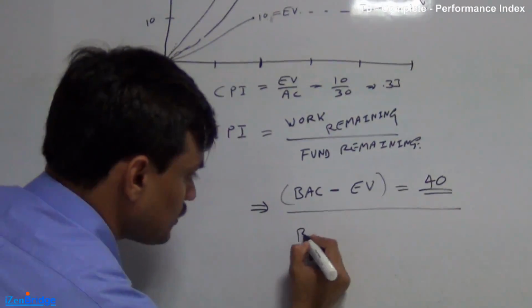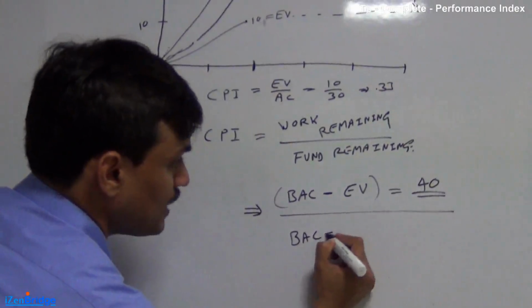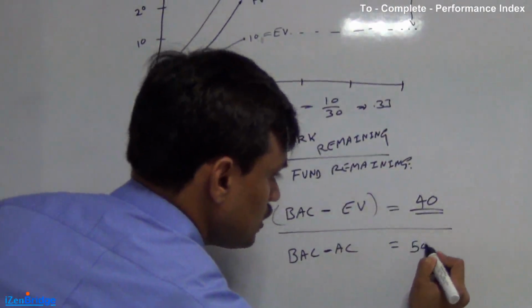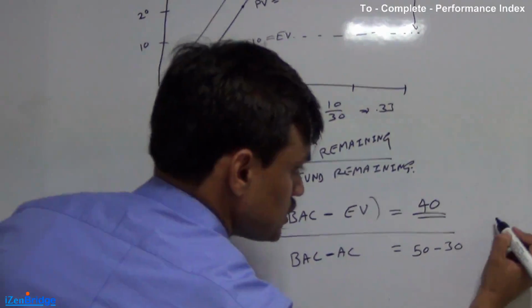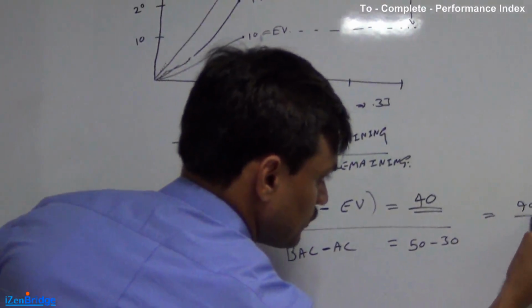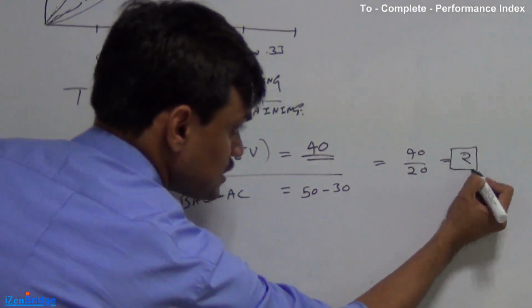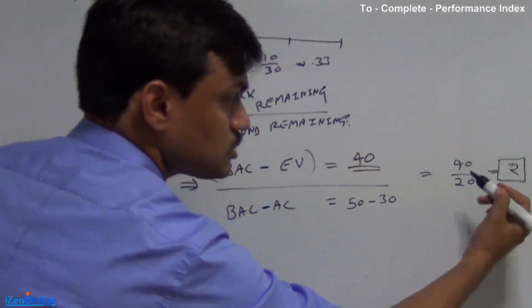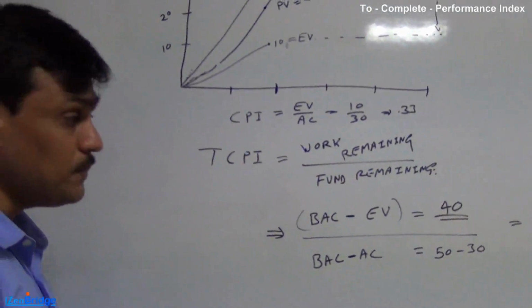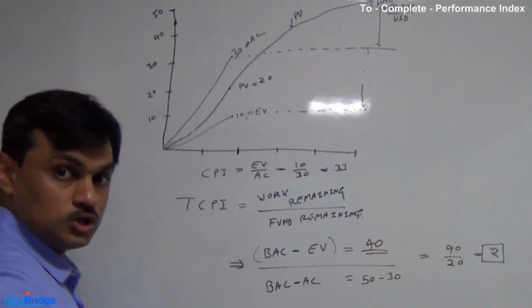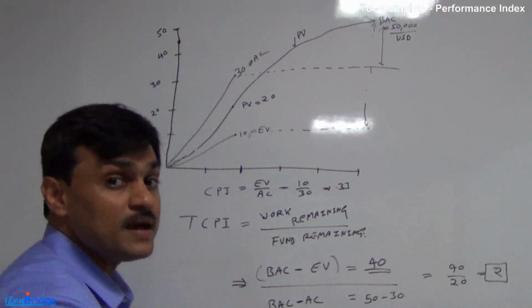It talks about budget at completion minus actual cost, which in our case is 50 minus 30, which gives us 40 divided by 20, and we have a To Complete Performance Index, TCPI, of value 2. It means for the remaining duration, we need to earn $2 for every dollar spent.